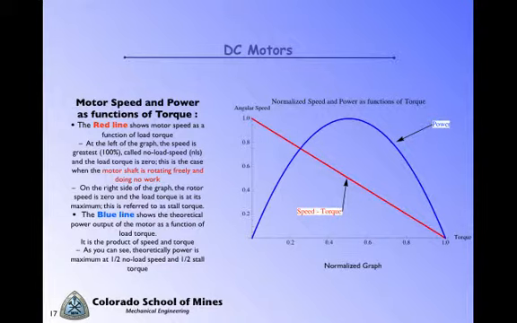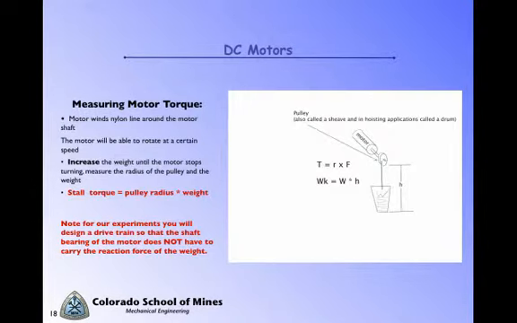Okay, so let's talk about how you're going to measure these quantities for your DC motors, that is the Lego motors in your kit. So here's a cartoon that just shows a DC motor with a pulley or sheave, sometimes called a drum. It's a drum when it's used to wrap up a wire cable, say on a crane or in an elevator.